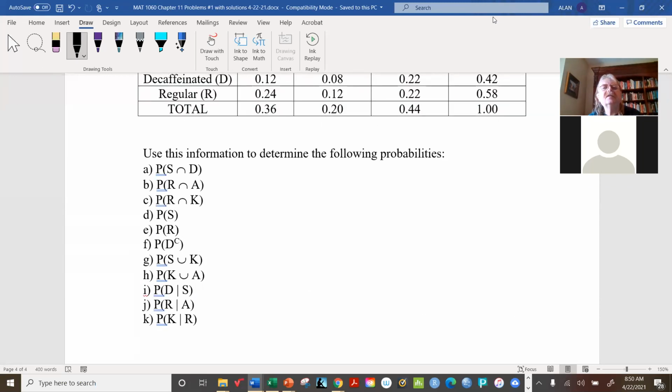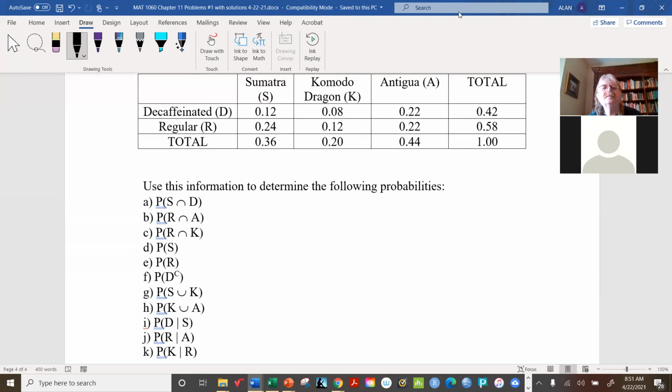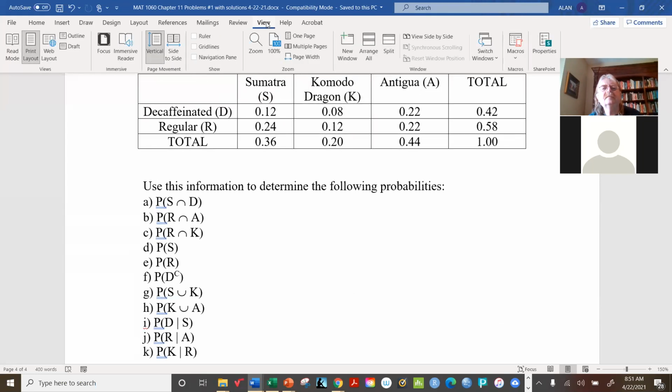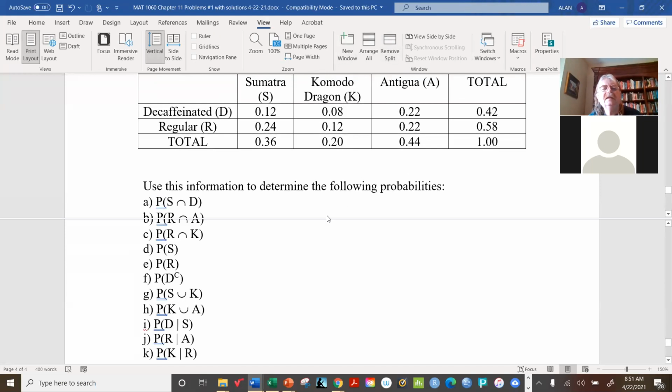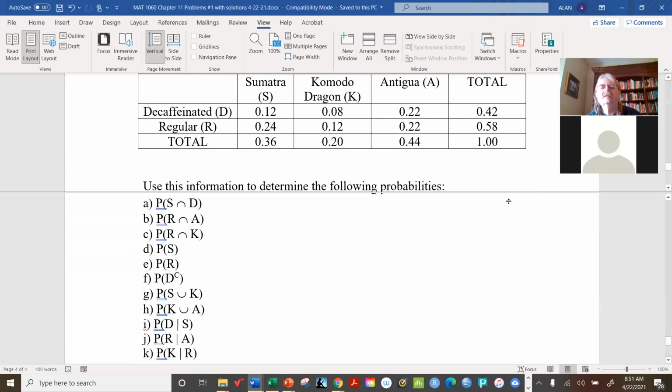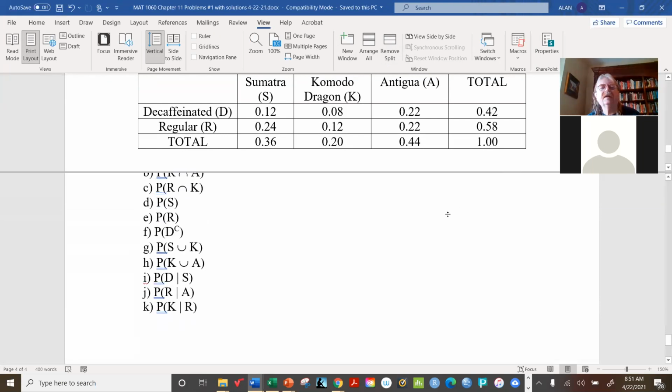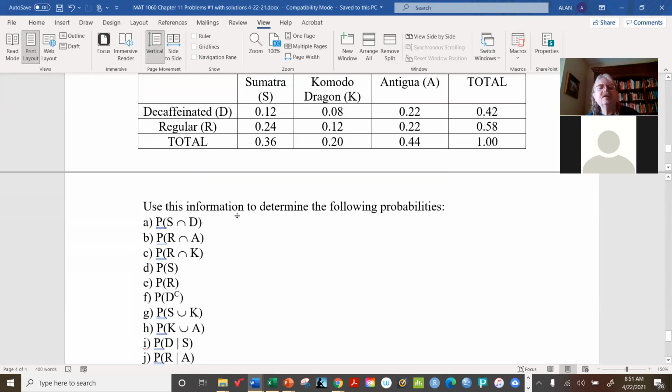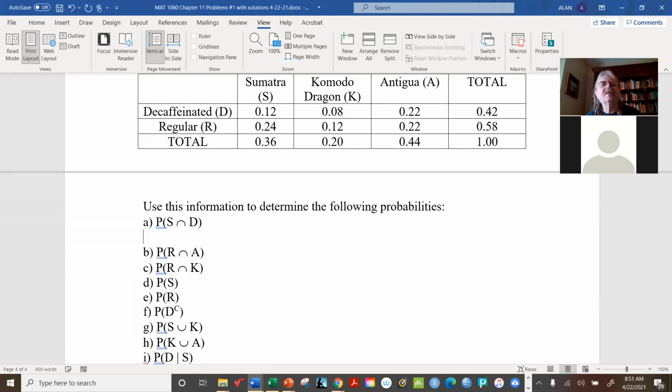So let's see. Let me just split that up so I can see the table. I don't want to scroll back and forth 100 times. There we go. Okay, so some of these you can read right off the table. There isn't anything that needs to be done.